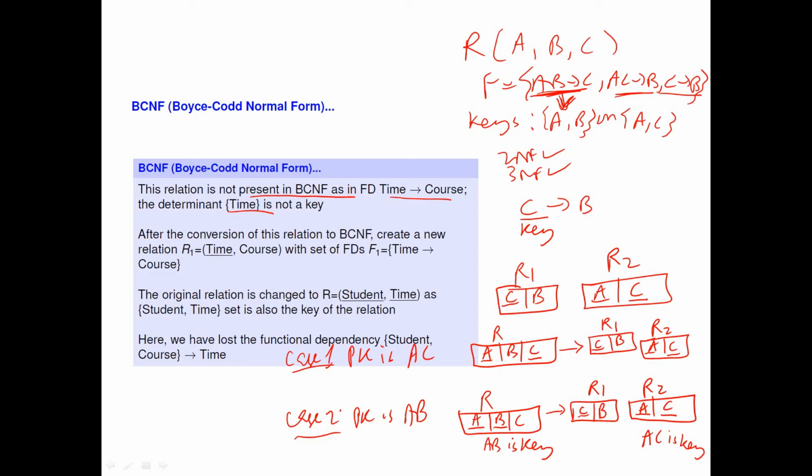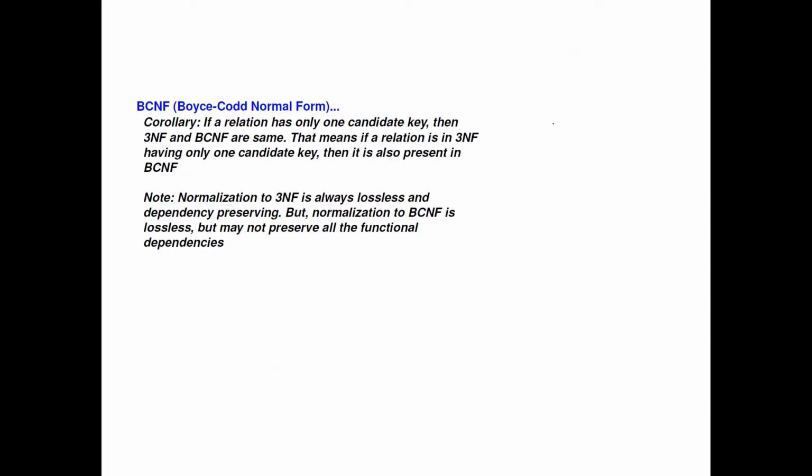So that is why we have to understand that up to 3NF the decomposition is lossless and dependency preserving, but if I go to BCNF, it should be lossless, but it may not preserve all the functional dependencies. So 3NF is lossless as well as dependency preserving, but BCNF is lossless but may not preserve all the functional dependencies. I think it is understood.